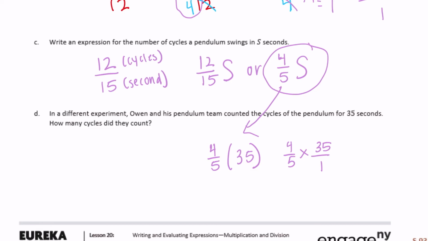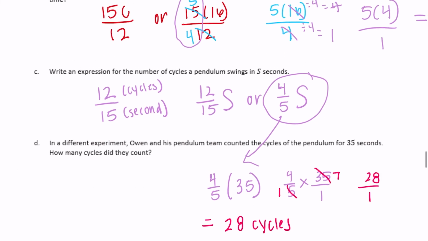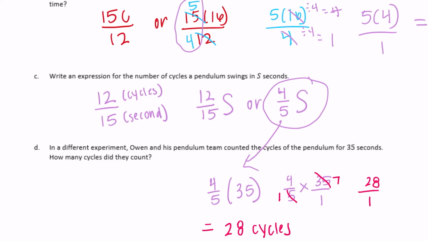And 35 and 5 both have a common factor of 5. So I'm going to make that 1, make this 7. 4 times 7 is 28. 1 times 1 is 1, which is just 28. So we get 28 cycles. That is the last question in lesson 20.